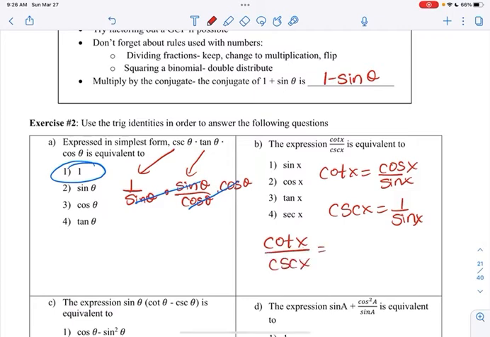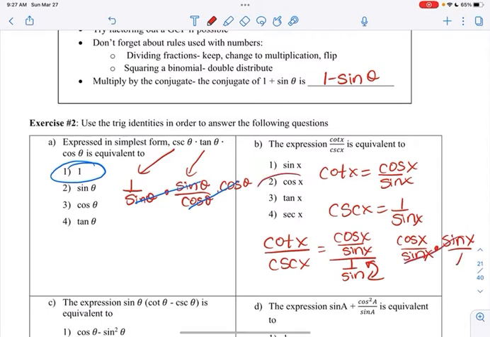So cotangent we said was cosine over sine. Cosecant is 1 over sine. So I'm going to take this and I'm dividing. I'm going to change to multiplication and flip this second fraction. And then look at that. Those sines are going to be able to cancel out and I'm just left with cosine.